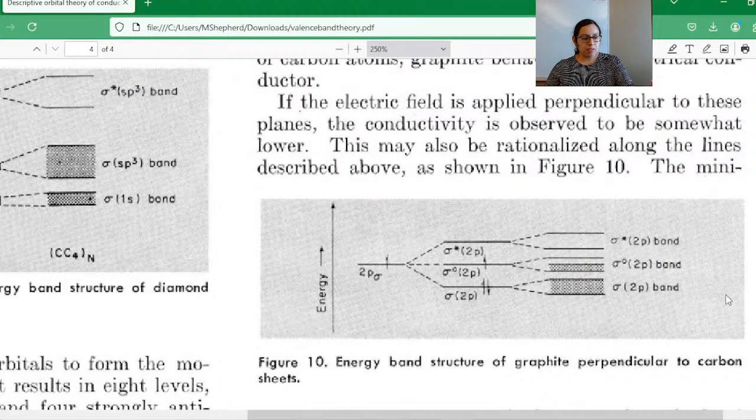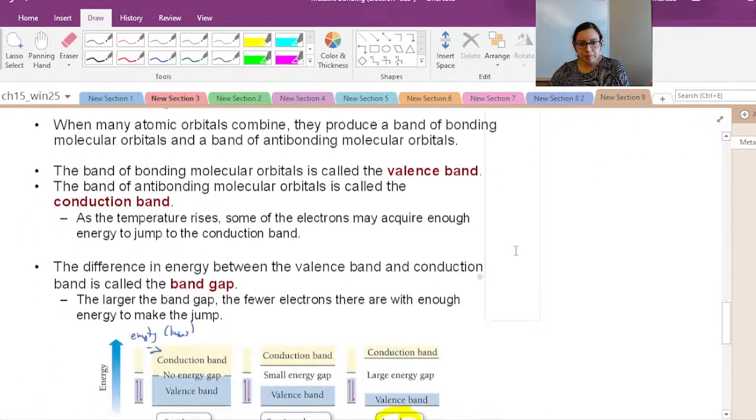And then just the last little bit on this paper, and I'll stop yammering, is it's trying to show that when you go perpendicular, graphite does not conduct electricity. So now it's telling you to imagine our potential combinations for how we would do that.